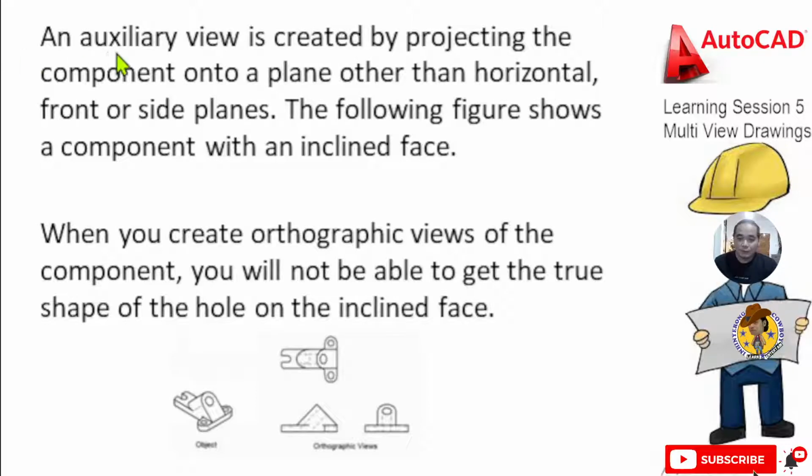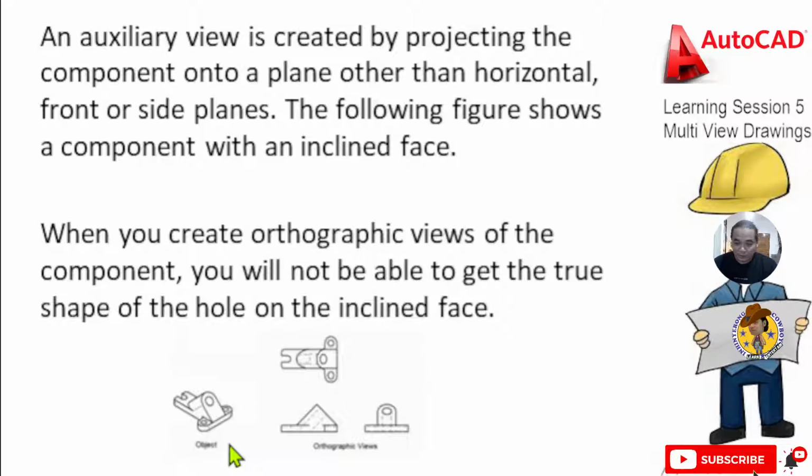An auxiliary view is created by projecting the component onto a plane other than the horizontal, front or side planes. The following figure shows a component with an inclined face. When you create orthographic views of the component, you will not be able to get the true shape of the whole of the inclined face.